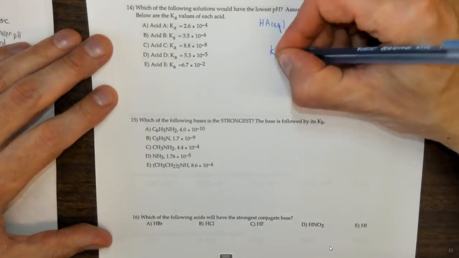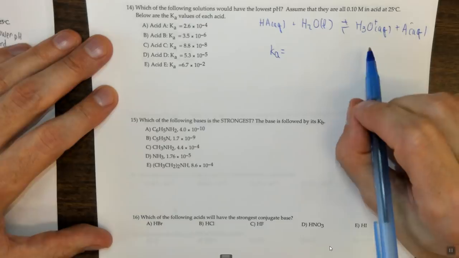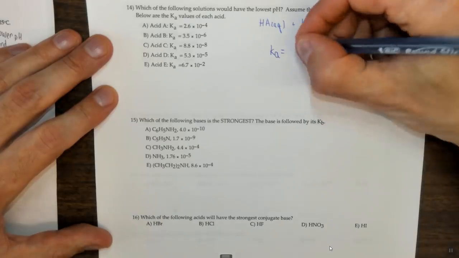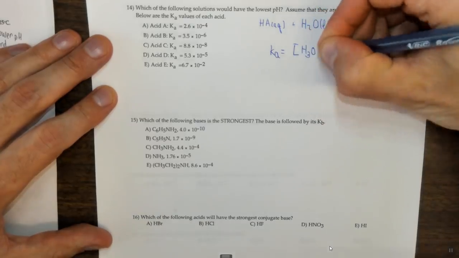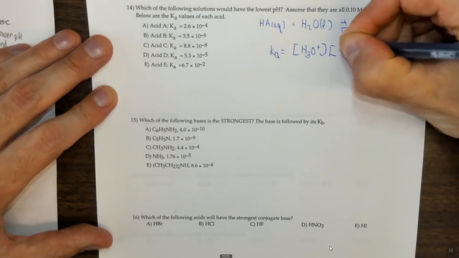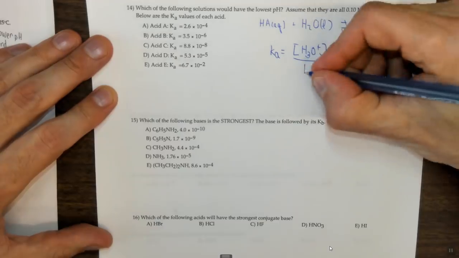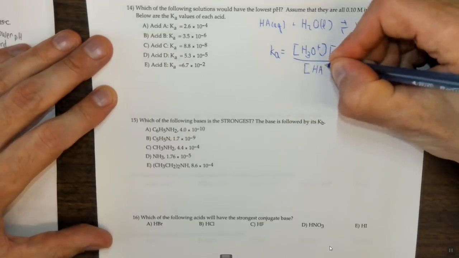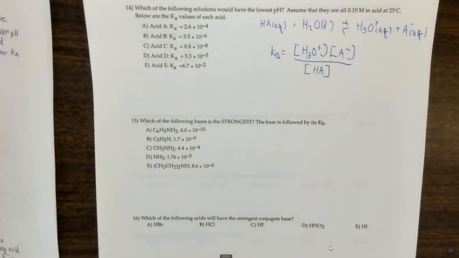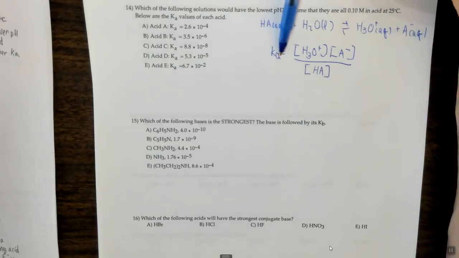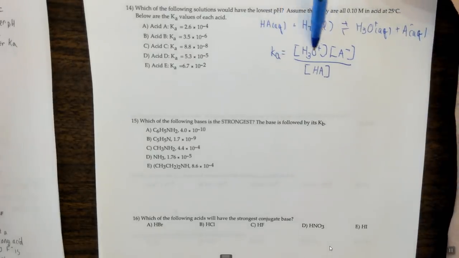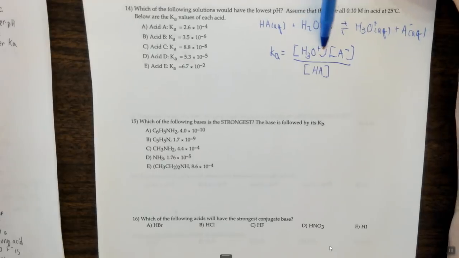So here the Ka is products over reactants. In this case, the product is H3O plus and A minus. And the reactant is HA. Water doesn't count because it's a liquid. So this is the Ka expression. So if the Ka is high, relatively speaking, then that means the H3O plus concentration is relatively high.